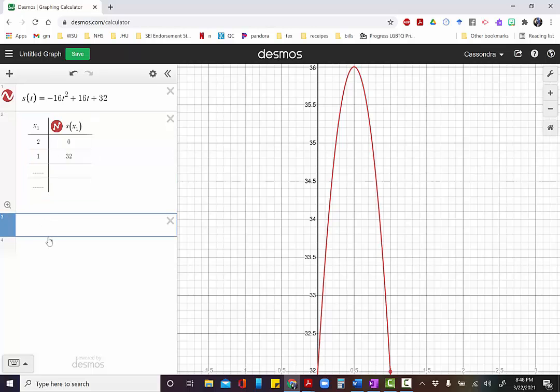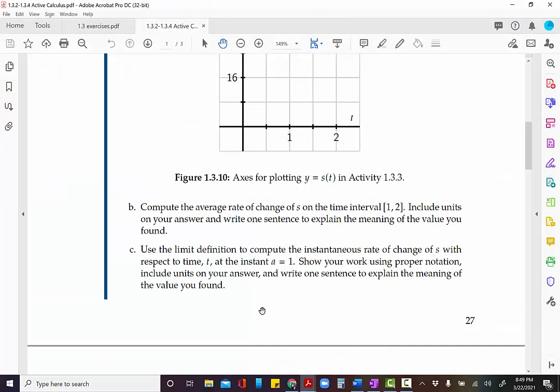I'm going to do 0 minus 32 divided by 2 minus 1. And that gives me negative 32. So that means that between 1 and 2 seconds, I am falling at negative 32 feet per second. Okay, and that's the sentence they want.